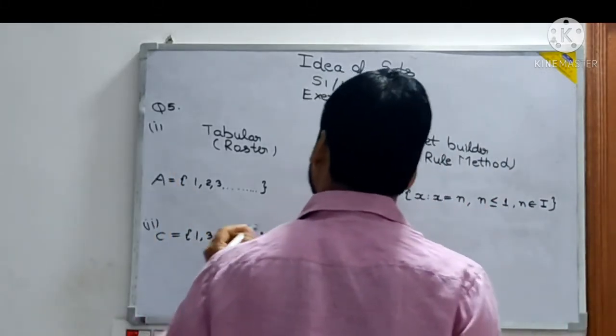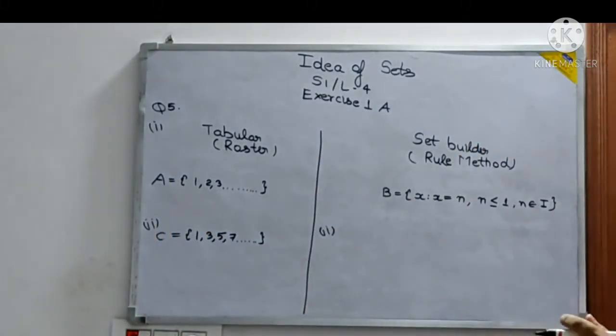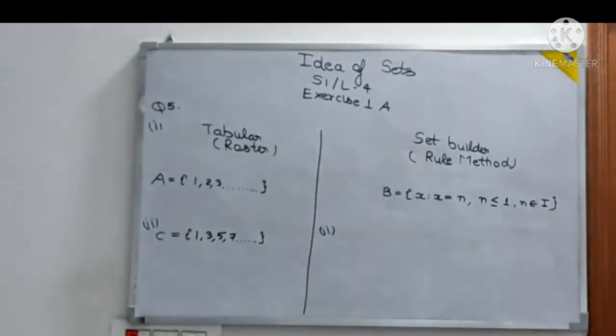Now the set builder method for the second one. We have to generate a series.